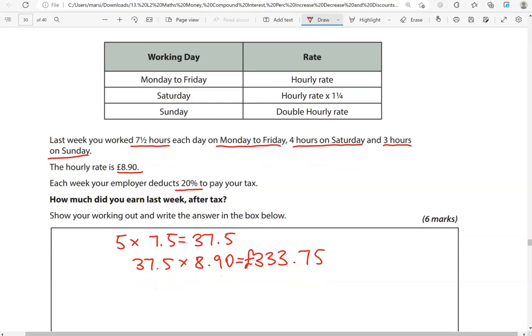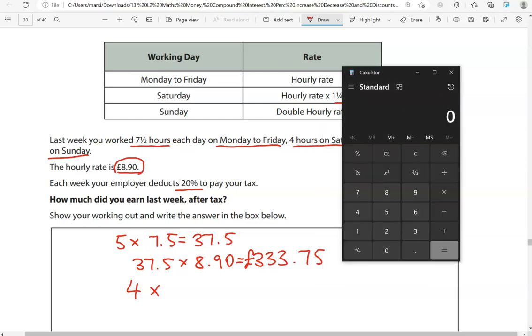Now on Saturday, that is 4 hours. That is 1.25 of the hourly rate for Saturday. Hourly rate is £8.90. A quarter of that is going to be £8.90 divided by 4, which we're going to add on top of the £8.90. So that is 11.125.